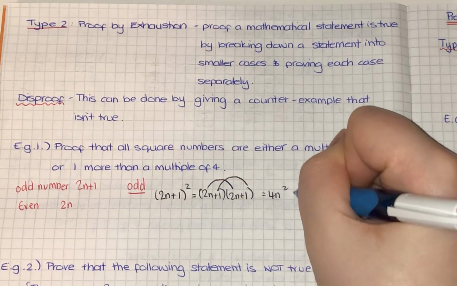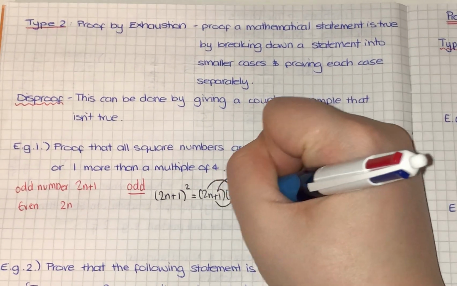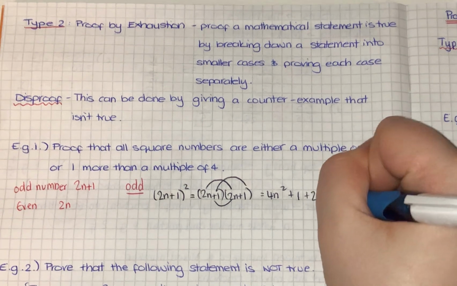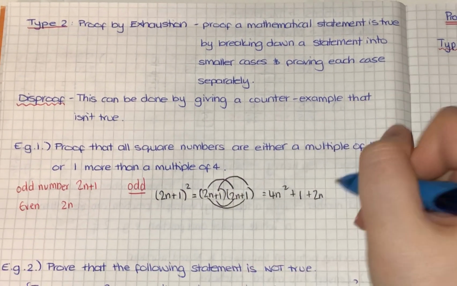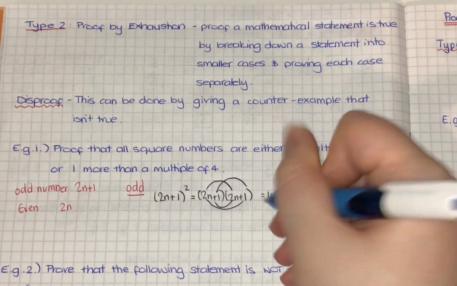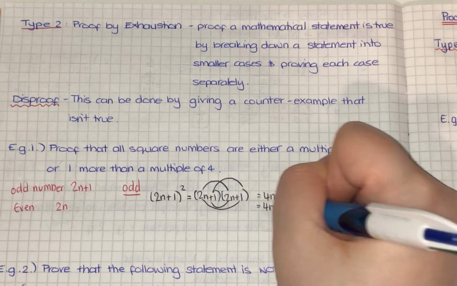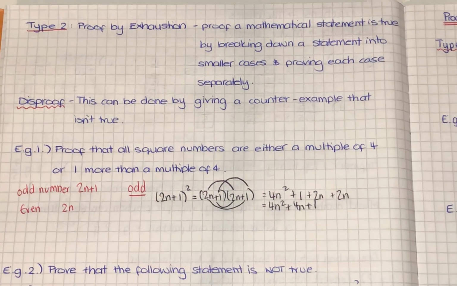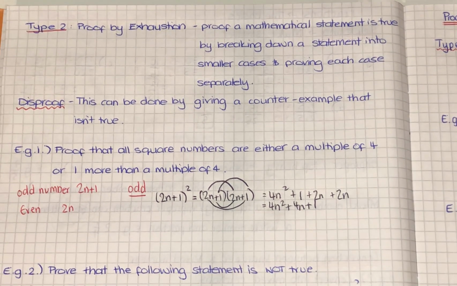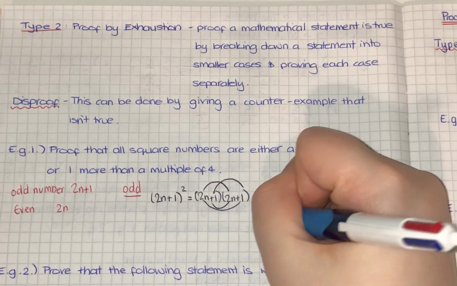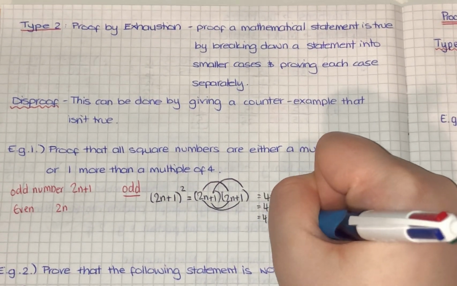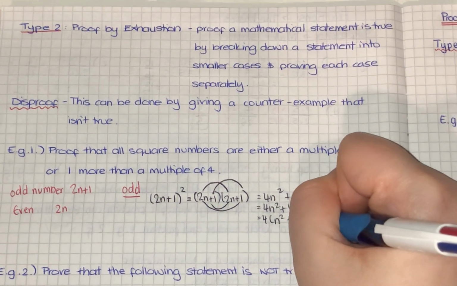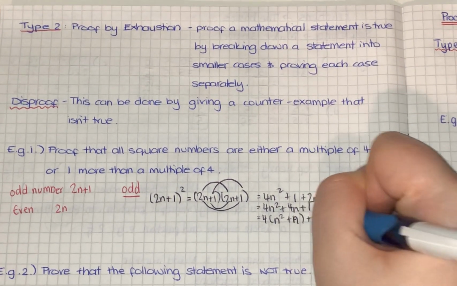1 times 1 gives you 1. 1 times 2n is 2n. And 1 times another 2n is 2n. And that simplifies to 4n squared plus 4n plus 1. Now the first two terms have a 4 in common, so I'm just going to factorise a 4 out for those two: 4 times n squared plus n, plus 1.